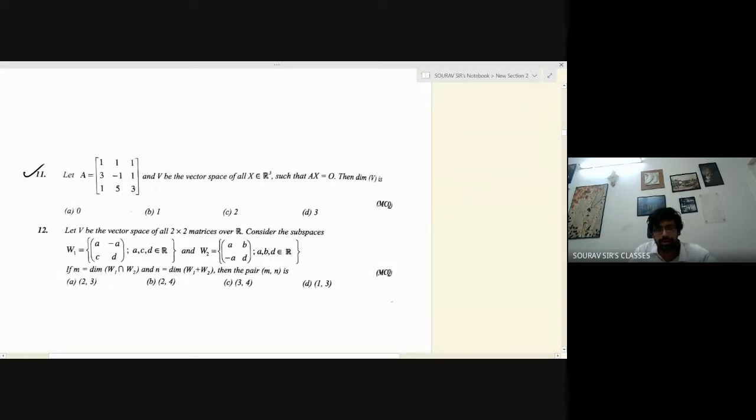So we have vector space X equal to 0, dimension of V. So A equal to this thing. Okay, what is the rank of A?